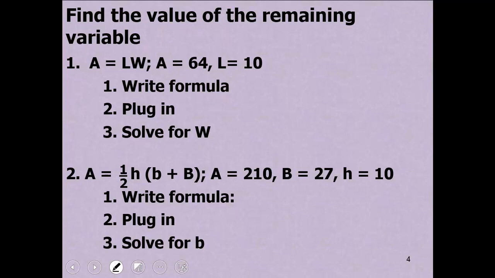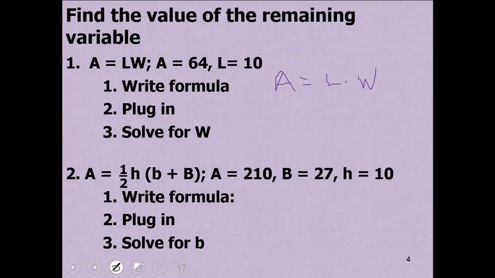Find the value of the remaining variable. We're given A equals L times W. So we're going to write that formula down: A equals L times W. The next thing we're going to do is plug in for the values that we're given. Be careful that you actually replace the letters with their correct values.